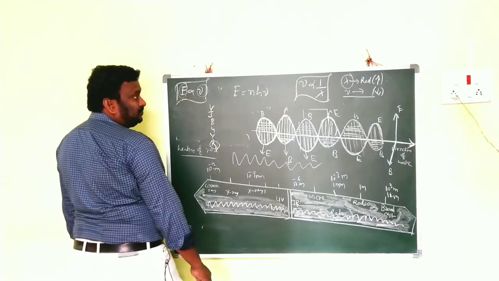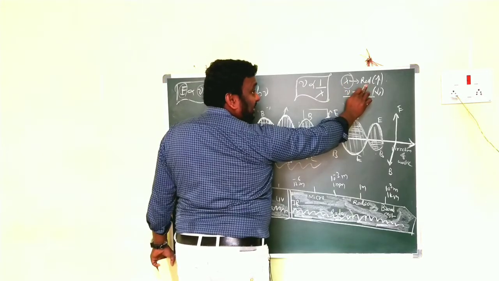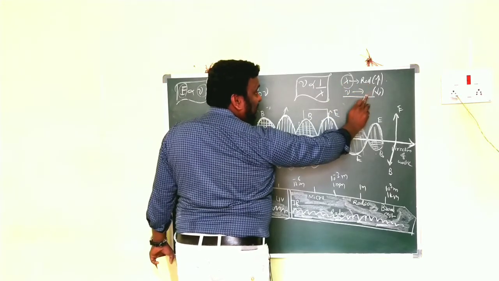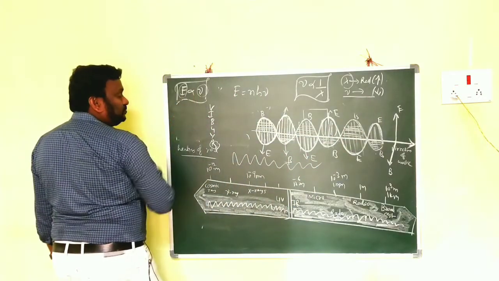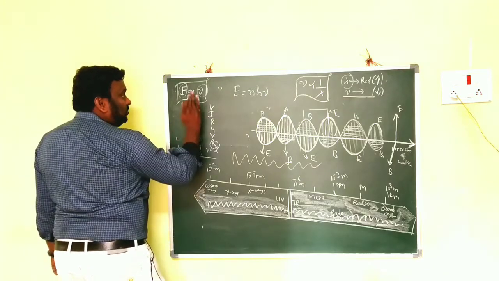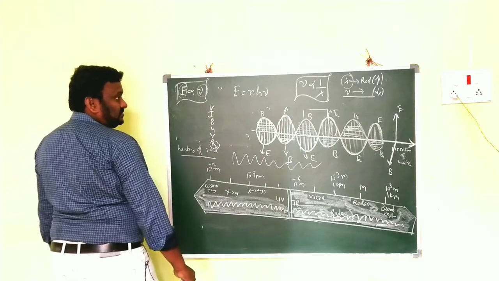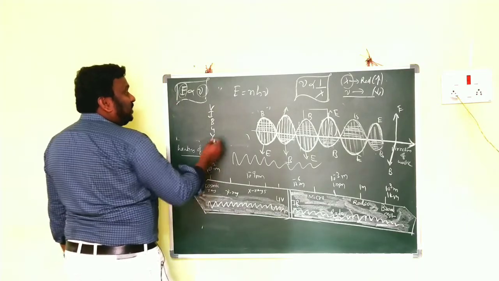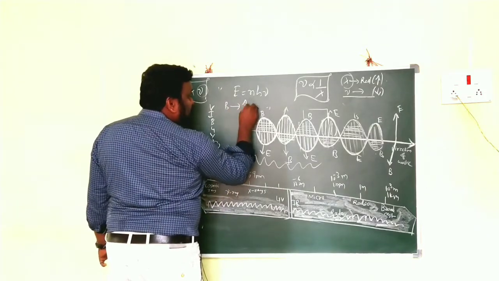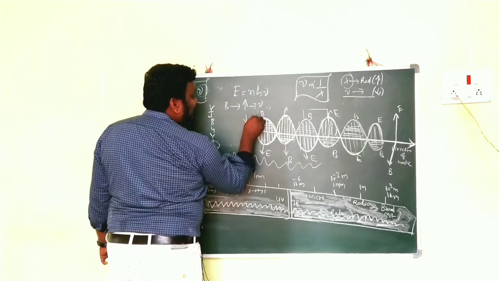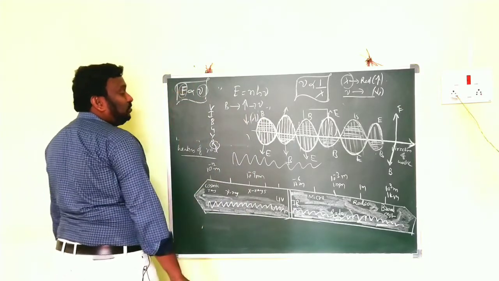According to Max Planck, E is proportional to nu, so less frequency means less energy. Compared to this, take blue color. Blue color has more frequency and less wavelength. In this case, the energy of blue color is more.